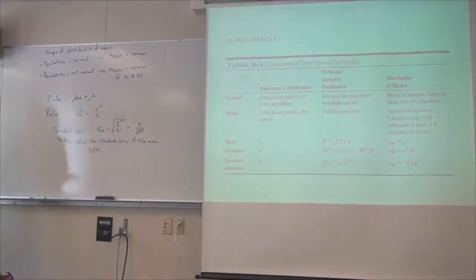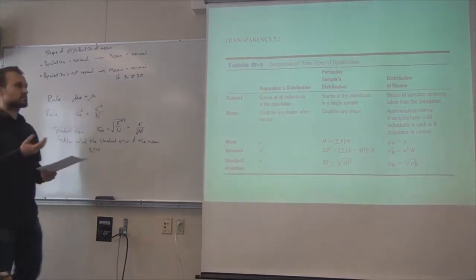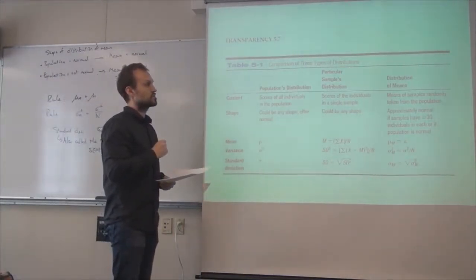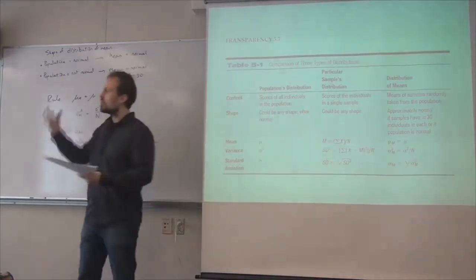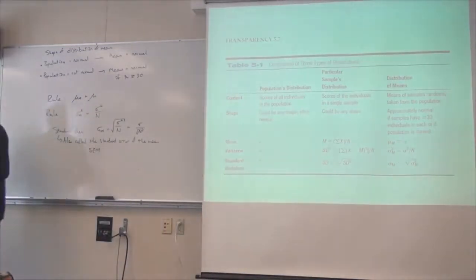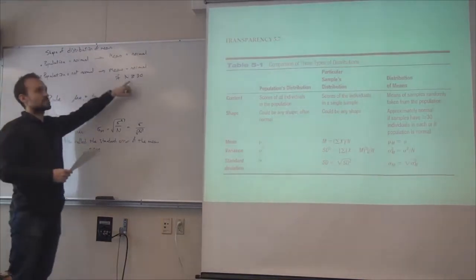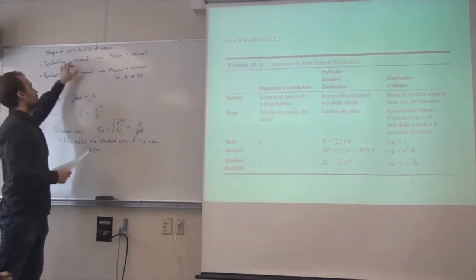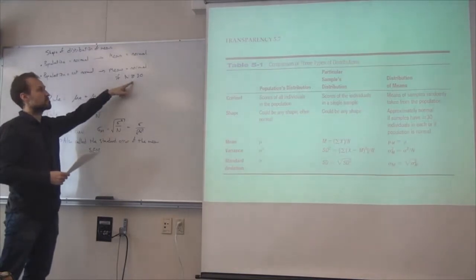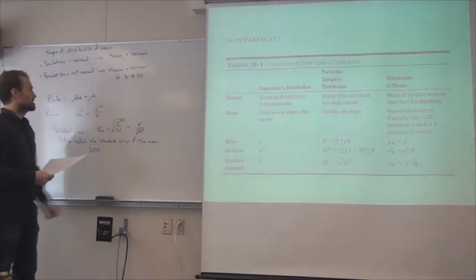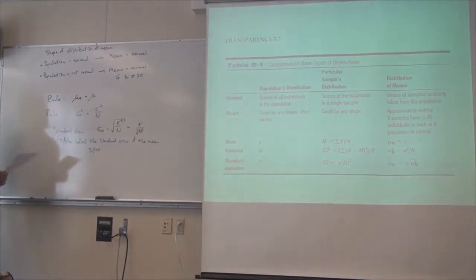Does it support the research hypothesis? What do I do with it? So how does it fit with the distribution? And that's why I need to look at the distribution of all the sample means instead. And that one is always going to be normal as long as either the population is normal or my sample size is big enough. It's not even that big. 30? That's not that big. So it's going to be normal very quickly.